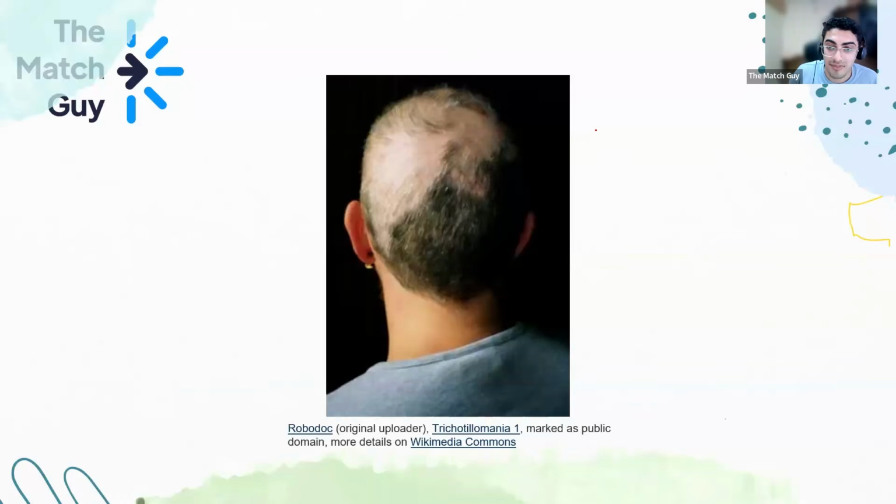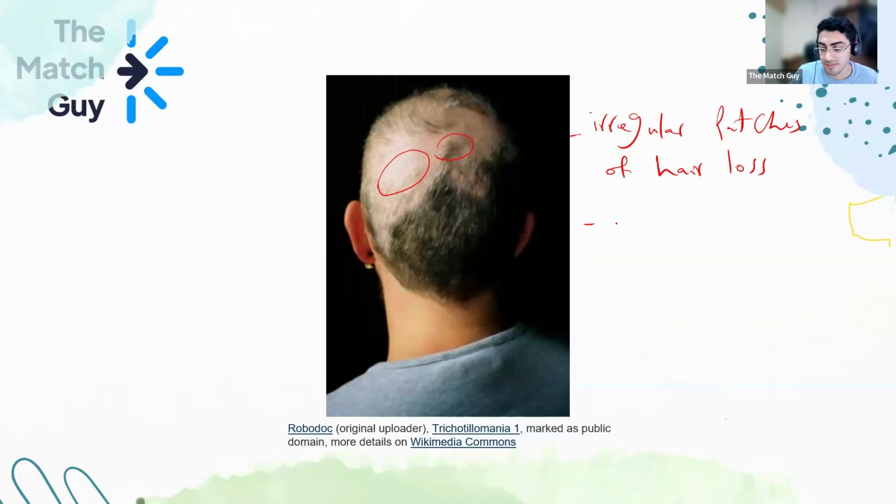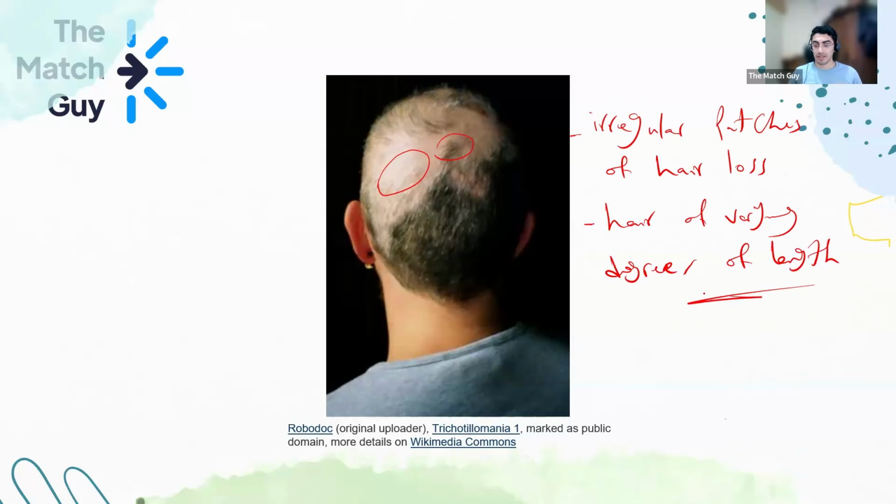He will tell you that we have irregular patches of hair loss. And then he will tell you that we also have hair of varying degrees of length. Okay, hair of varying degrees of length, meaning that the patient pulls the hair at different times.